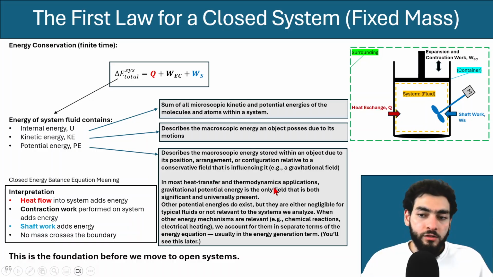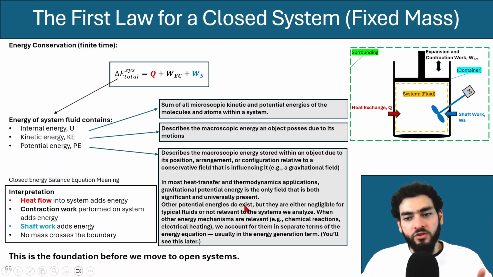Now, in most heat transfer and thermodynamic applications, gravitational potential energy is the only field that is both significant and universally present. Other potential energies do exist, but they're negligible for typical fluids or not relevant to systems that we analyze.